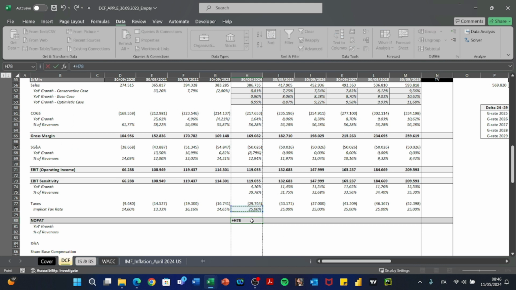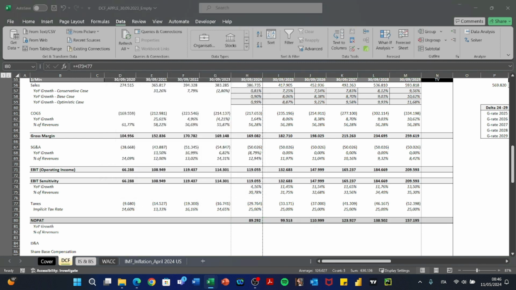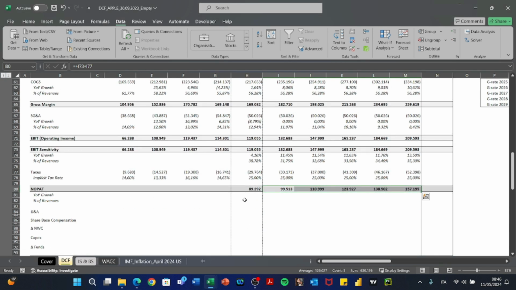The NOPAT is basically the sum of our EBIT and the taxes. DCF. Okay. Let's do the same. The growth year over year. I need this.